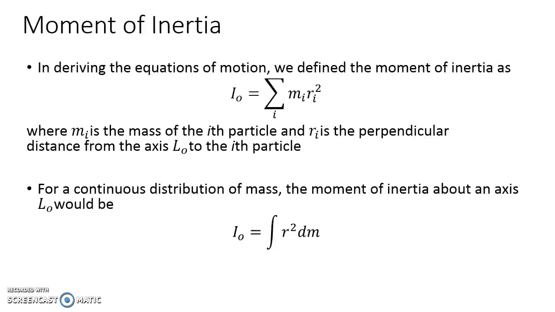So, last class we spoke about moment of inertia, and recall we said that the moment of inertia was defined by the summation of the product of the individual masses and their distances to a particular axis squared, and that distance was the perpendicular distance from the axis to the mass.